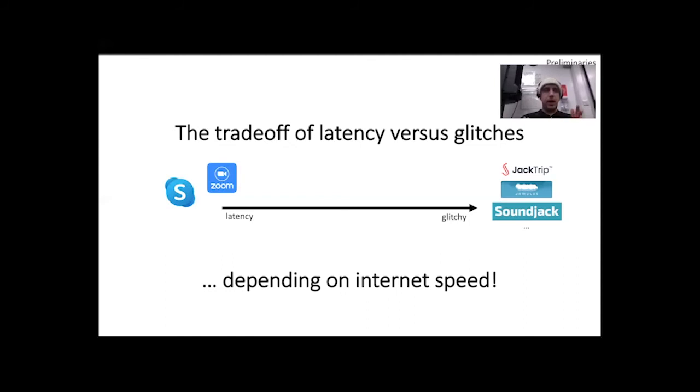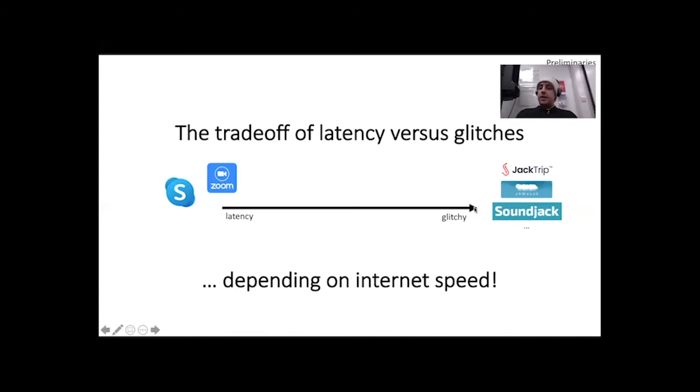So that's something to bear in mind, but it does mean that the latency can be extremely small, depending on the internet conditions. So if you can get to this end of the spectrum, then you can have latency which is so small that you don't notice it, and I mean that literally and truly.